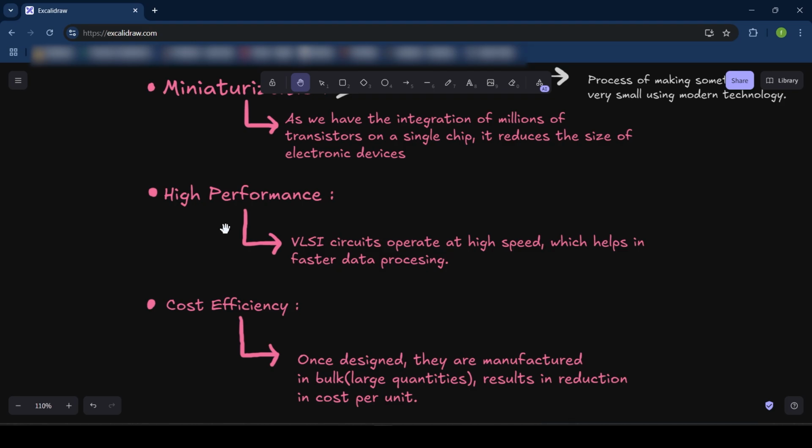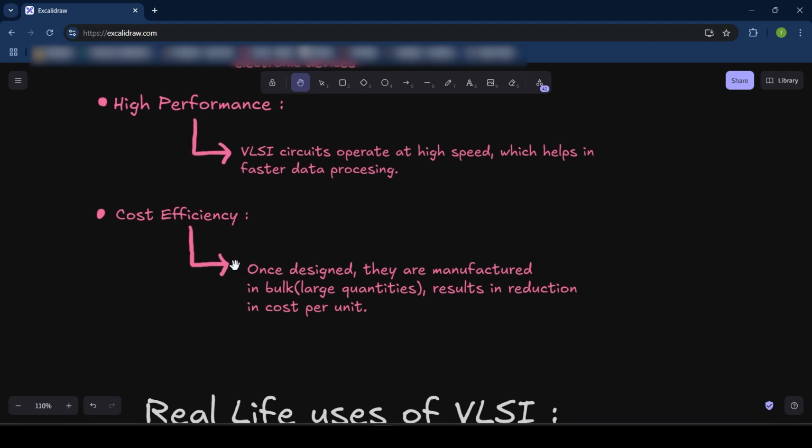These also have high performance. VLSI circuits operate at high speeds, so it helps in faster data processing. And once these are designed, they are manufactured in bulk, meaning larger quantities, so that results in reduction of cost per unit.